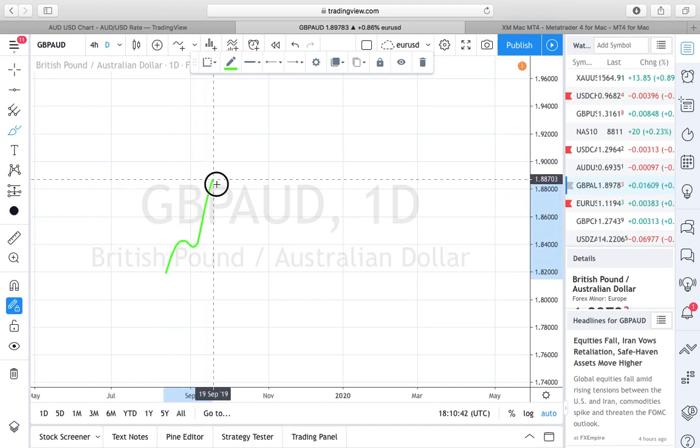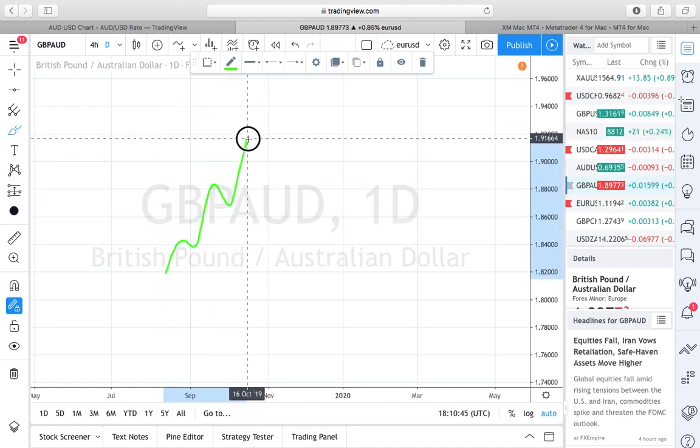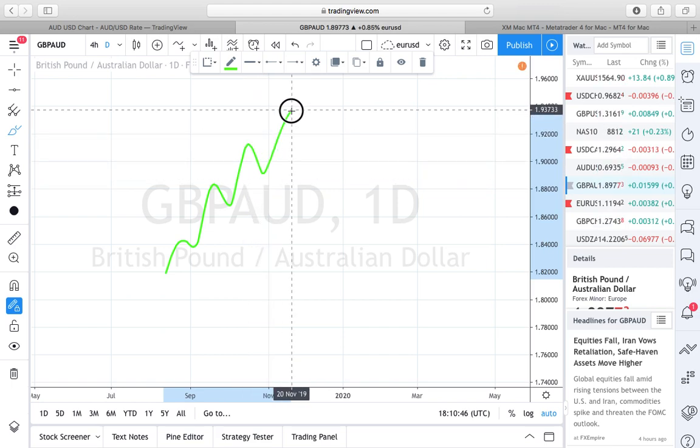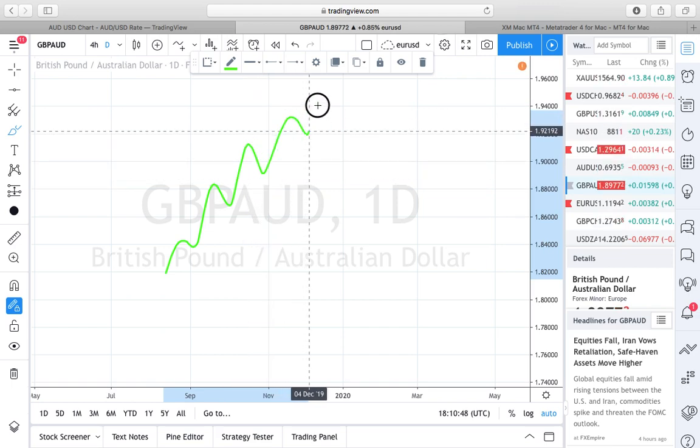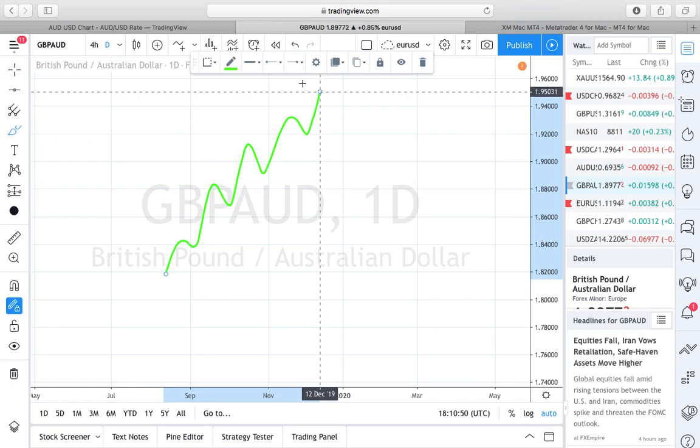So forming higher highs, higher lows, higher high, higher low, right? Higher high, another higher low, then another higher high, right? So which becomes your previous high? This now becomes your what?